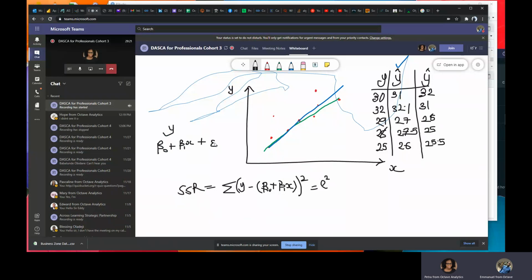By the time you take this minus this, you're going to have e equals y minus this.